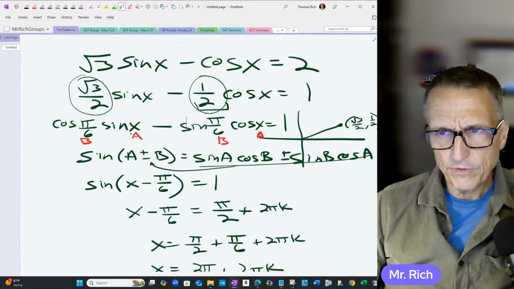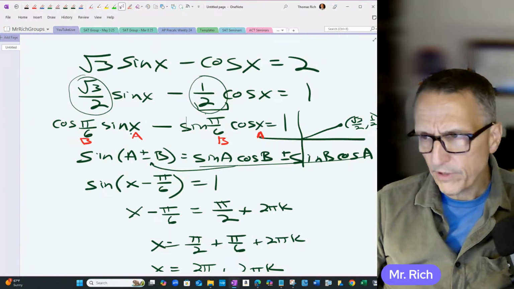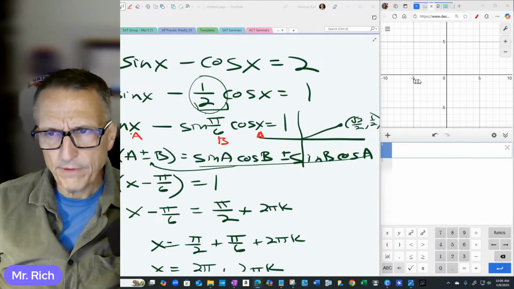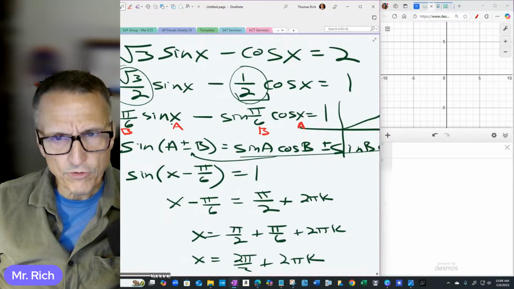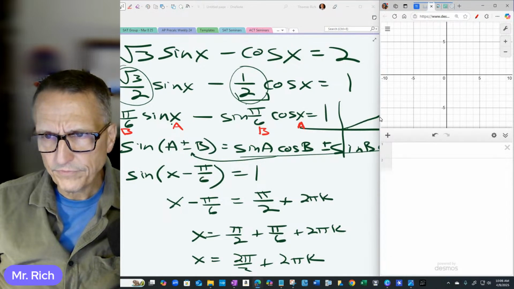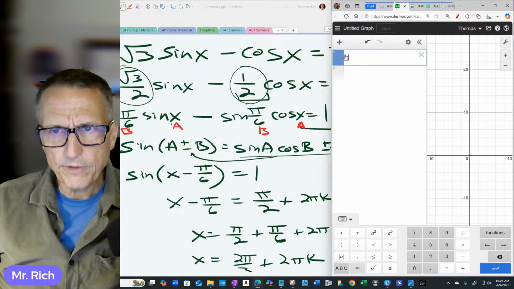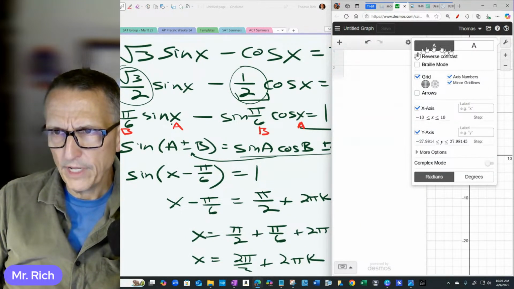Now, I am going to show you how to check work using Desmos. As you're learning to do problems like this, what I would recommend doing is graphing things in Desmos. So I'm going to try that here. Let's pull this over just a bit. I'm going to make sure that my calculator is in radians mode, and it is.